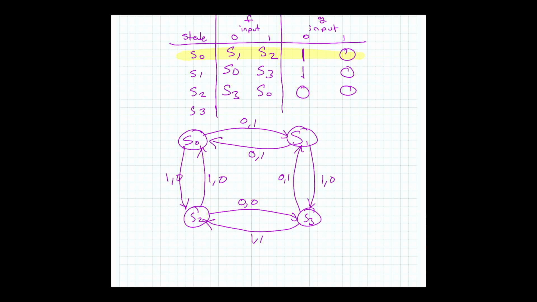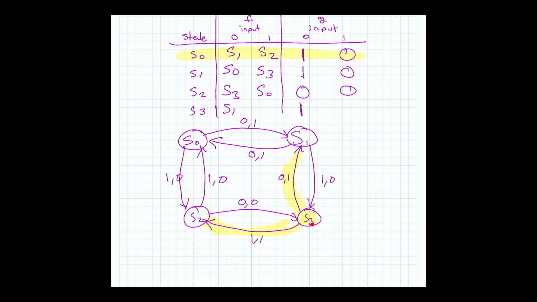Last row. So we're in S3. S3 has 2 arrows leaving it. This one and this one. So this one right here is input 0, so we do this one first. S3 to S1. That's input 0, output 1. That's a 1.